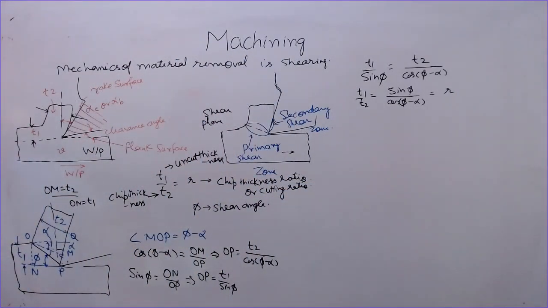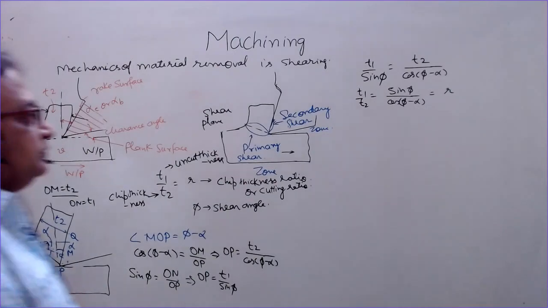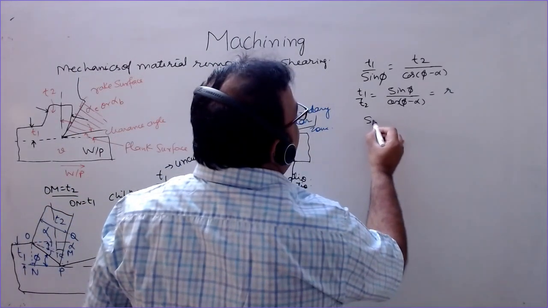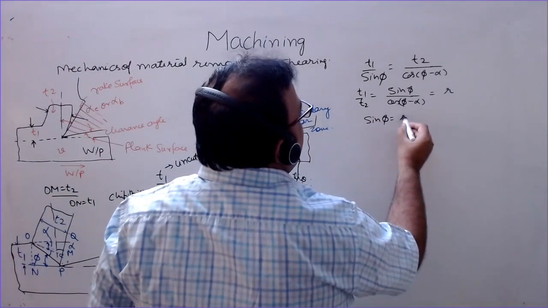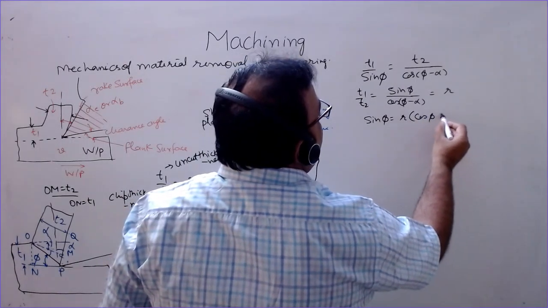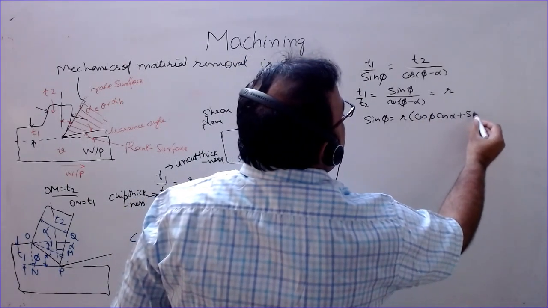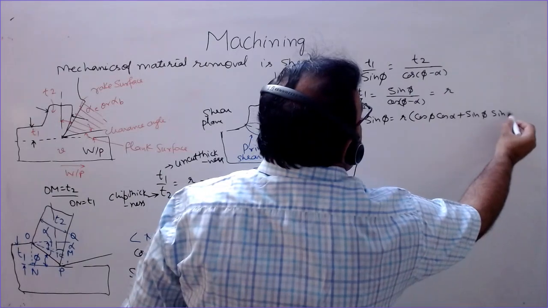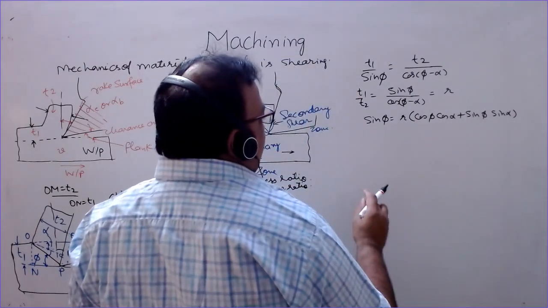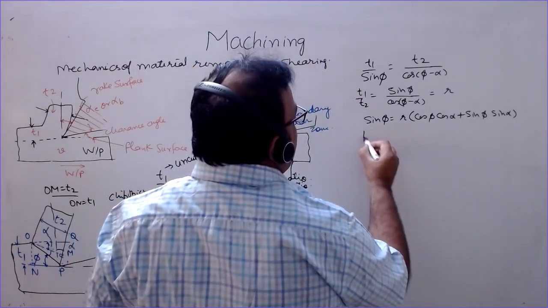Now you can expand this. So sin phi is equal to R times cos phi cos alpha plus sin phi sin alpha. Divide by cos phi on both sides.